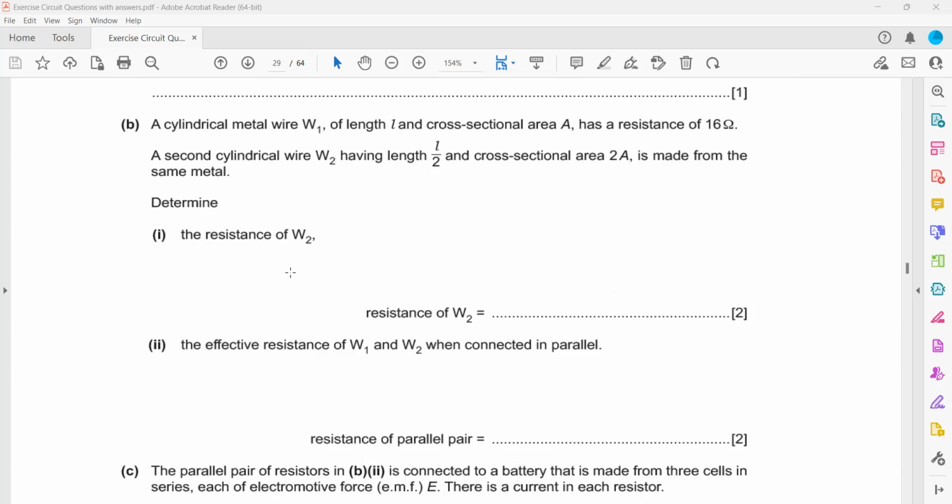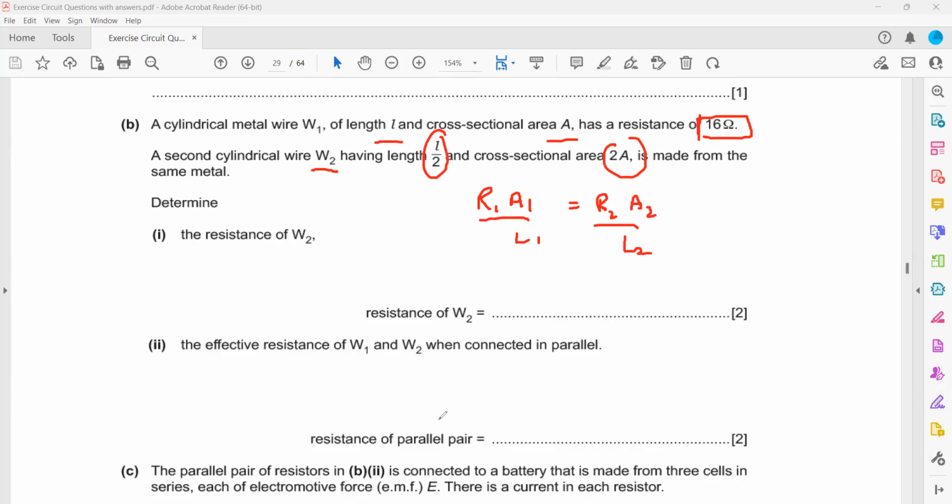A cylindrical metal wire has length L and cross-sectional area A, and a resistance of 16 ohm. Another cylindrical wire has half the length and double the area, and we have to determine its resistance. Whenever you're changing length and area, the formula we use is R1 A1 over L1 equals R2 A2 over L2.